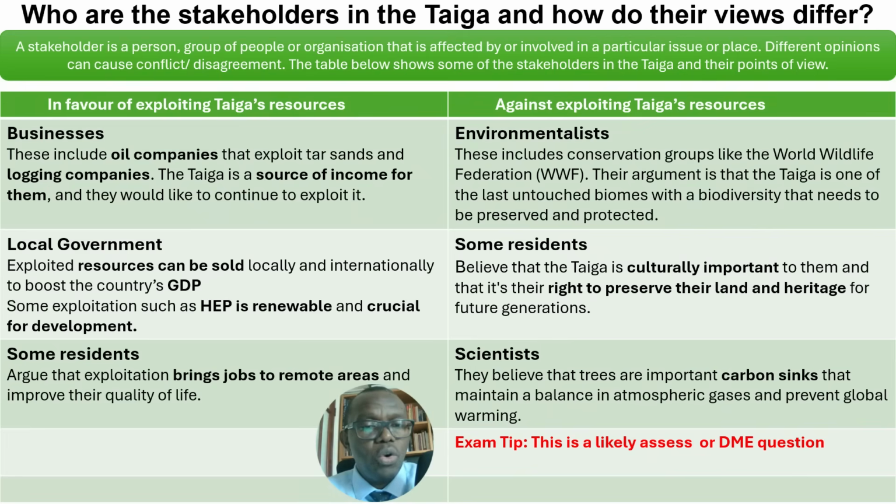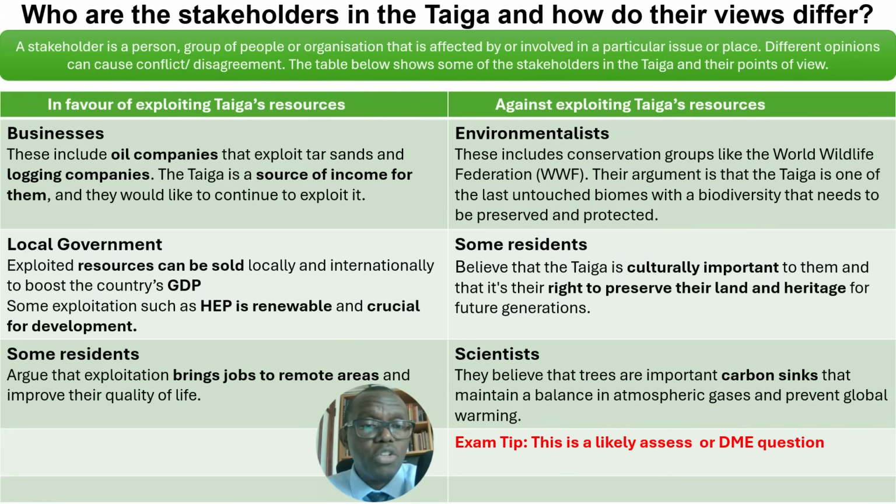Who are the stakeholders in the taiga and how do their views differ? Now, because paper 3 is a decision-making examination, these stakeholders and their views will be important for us. A stakeholder is a person, a group of people or organization that is affected by or involved in a particular issue or place.